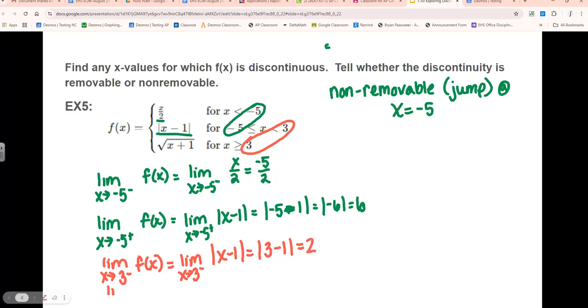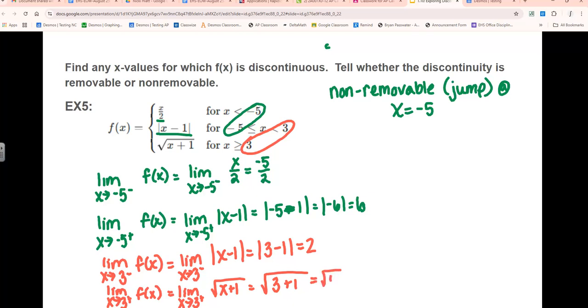And then you would also do the limit as x approaches 3 from the right of f of x, which is the limit as x approaches 3 from the right of the square root of x plus 1, which is the square root of 3 plus 1, which is the square root of 4, which also equals 2.